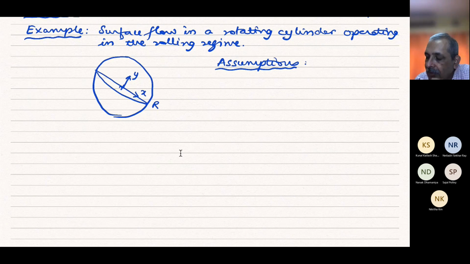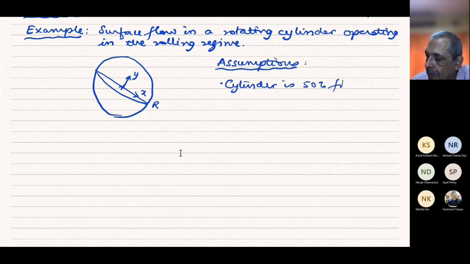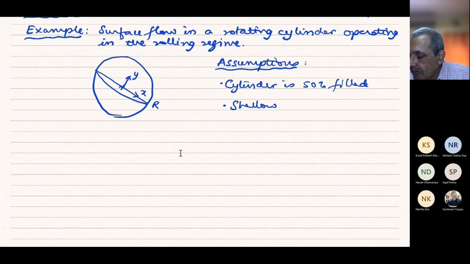Now we know that the cylinder is 50% full. And of course, as before, we have a shallow or a thin flowing layer, that is delta by R is much less than 1.